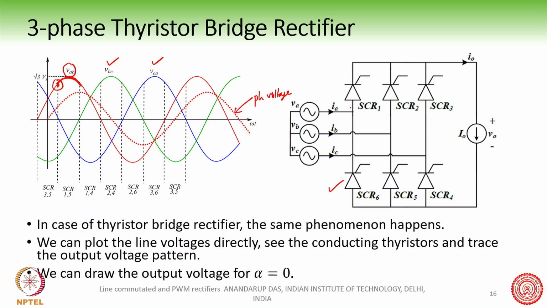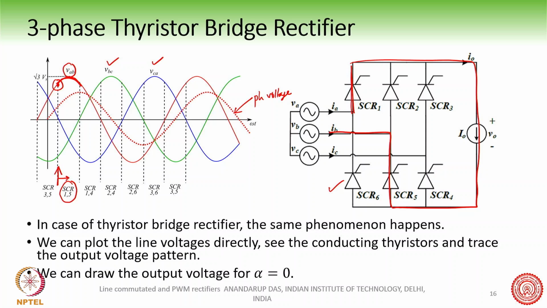So here VAB is conducting, and we expect the path to be completed like this. This is the starting point for SCR 1 and 5 to conduct. So this is alpha equal to 0.